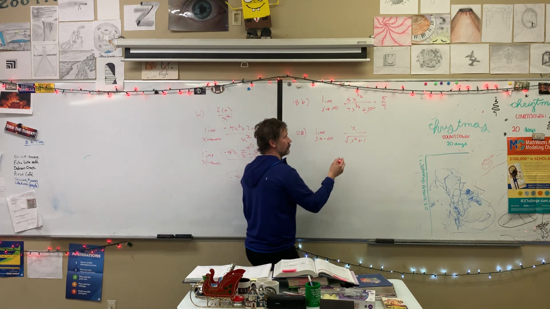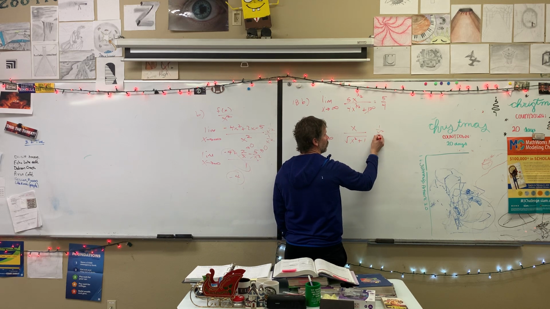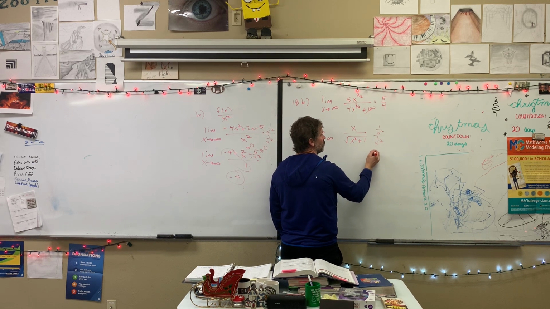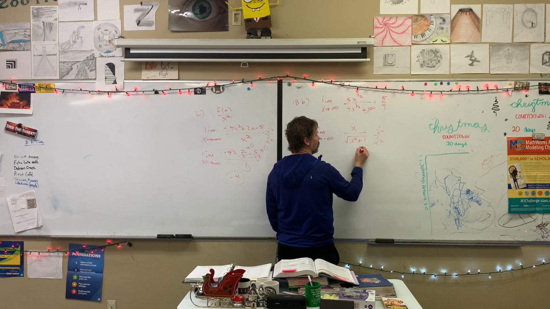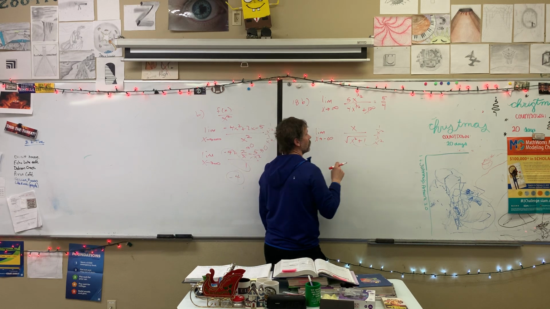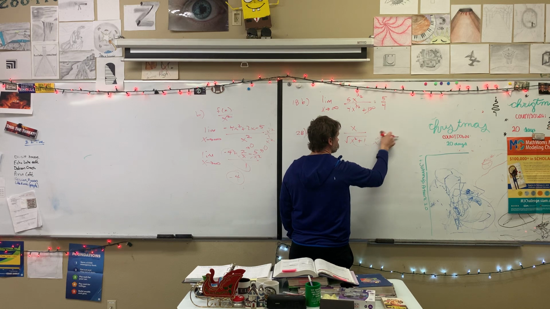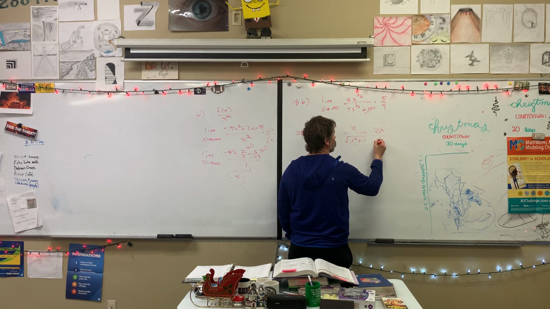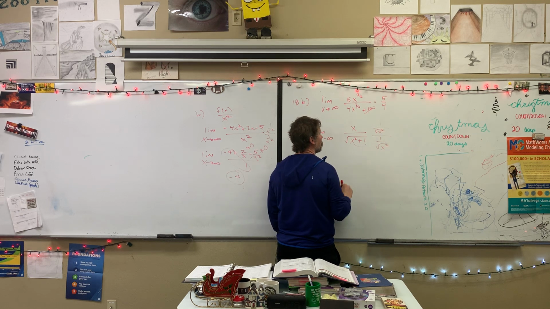The problem is that 1 over x squared can't come underneath the radical. However, what can come underneath the radical is 1 over the square root of x squared.